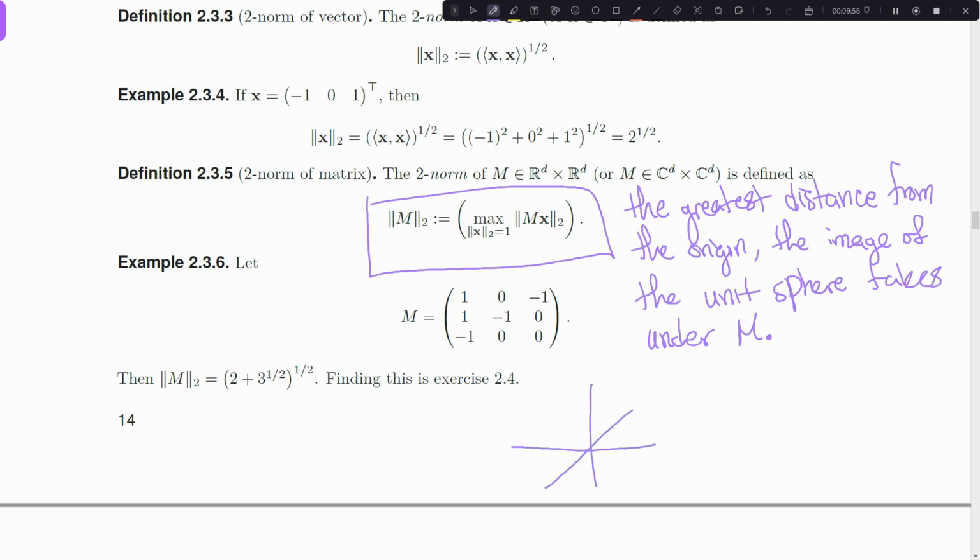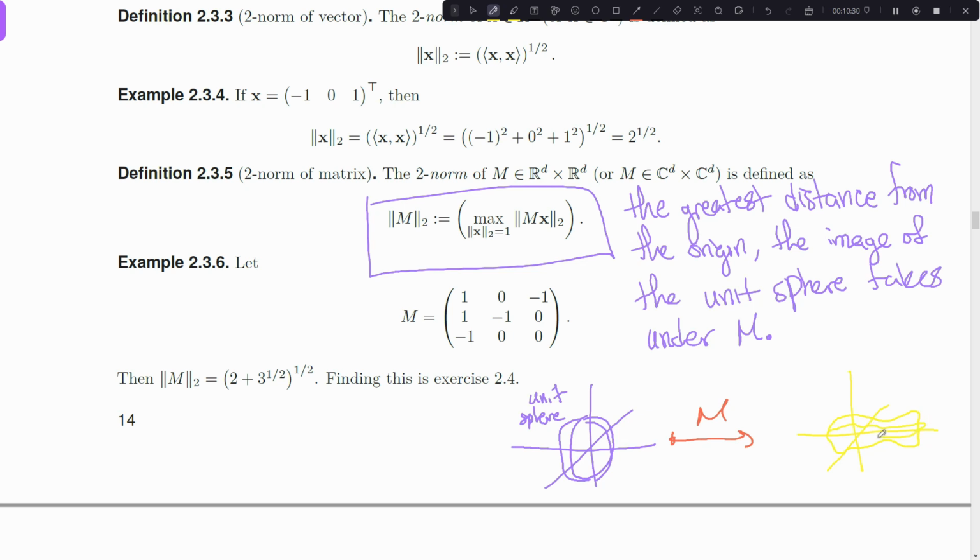Maybe I'll draw this over here. Got my unit sphere here. Really good drawer. Oh yeah, there's my unit sphere. And M comes along. And remember, M shrinks and stretches in higher dimensions. I know M's continuous, so this still looks like some sort of weird continuous shape, like a fish.